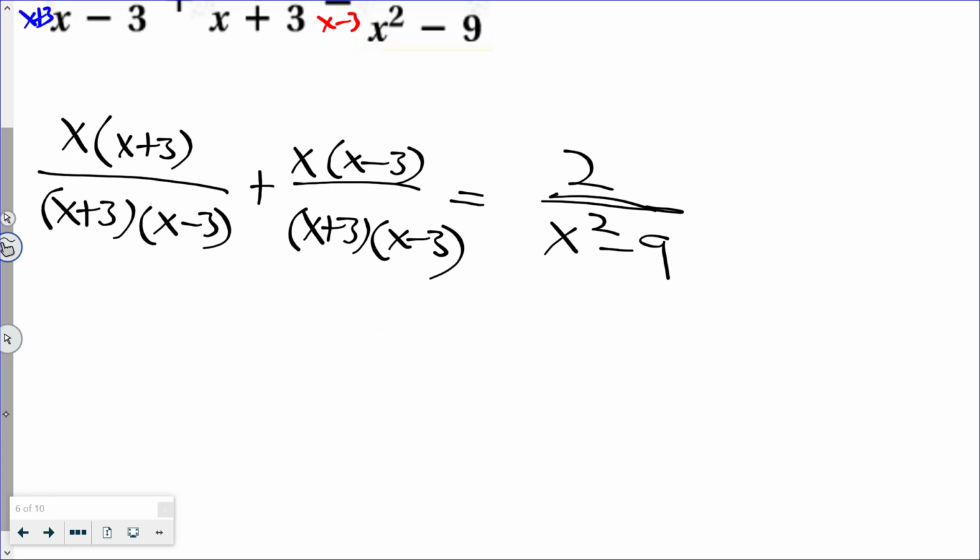Now they have the same denominator. We could go ahead and let's just simplify this before we add them.